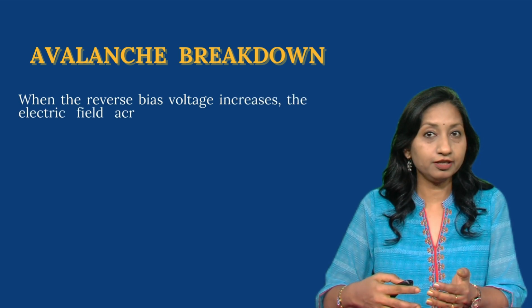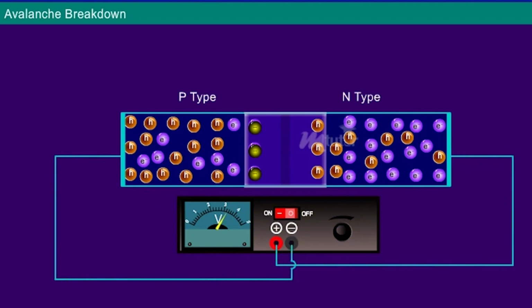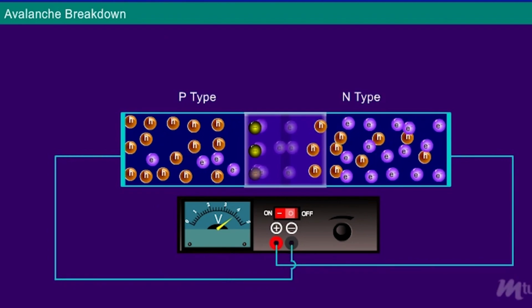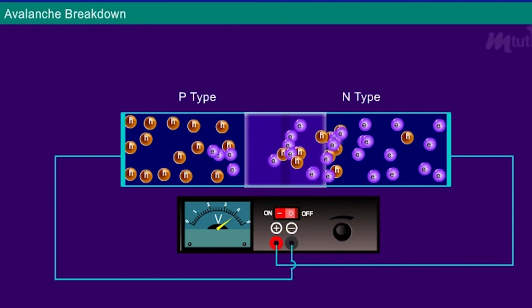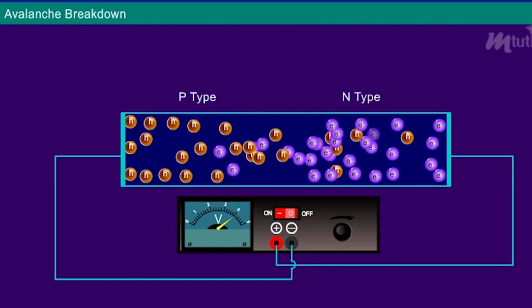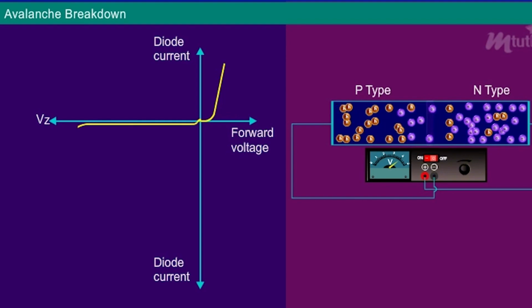the electric field across the depletion region becomes stronger. High energy electrons that are present in the depletion region collide with the atoms of the semiconductor, knocking loose additional electrons and creating electron-hole pairs. These new electrons are accelerated by the electric field, causing more collisions and further multiplication of charge carriers.